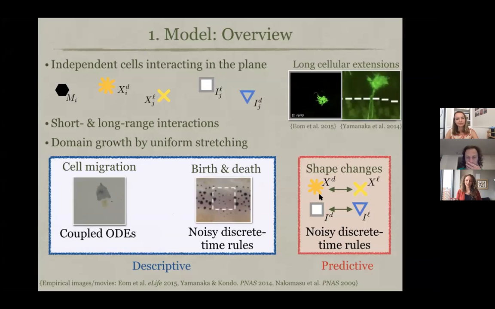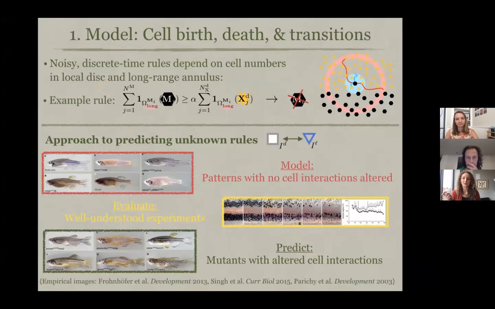So what I'm going to do is just give you a taste of what these rules look like, just to orient us into the model. Specifically for cell birth, death, and shape transitions, we take into account those local interactions and the long-range interactions that the cells are doing. The way we do this is, suppose we are interested in this black cell at the center of the blue ball here.